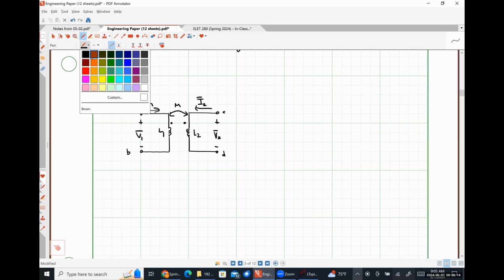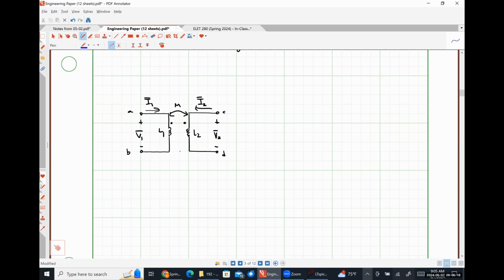And what I'm going to do is I'm going to draw some dashes here as if B and D were physically connected together. They will not be in an actual transformer. I mean, they could be if we forced it to happen. But generally speaking, the primary side and the secondary side are electrically isolated. But this is going to give us one of our terminals of our equivalent, okay?